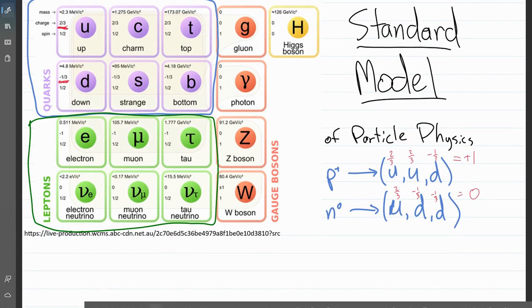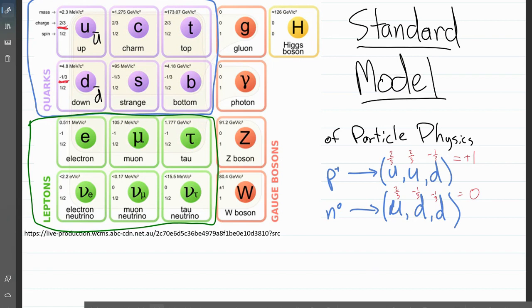You could also have this thing called an anti-up quark. You could also have an anti-down quark, charm quark, strange quark, top quark, and bottom quark. Whoever named these just had a field day, but they were having a lot of fun. Probably were too busy out having a good time after they won their Nobel Prize for all of this stuff.